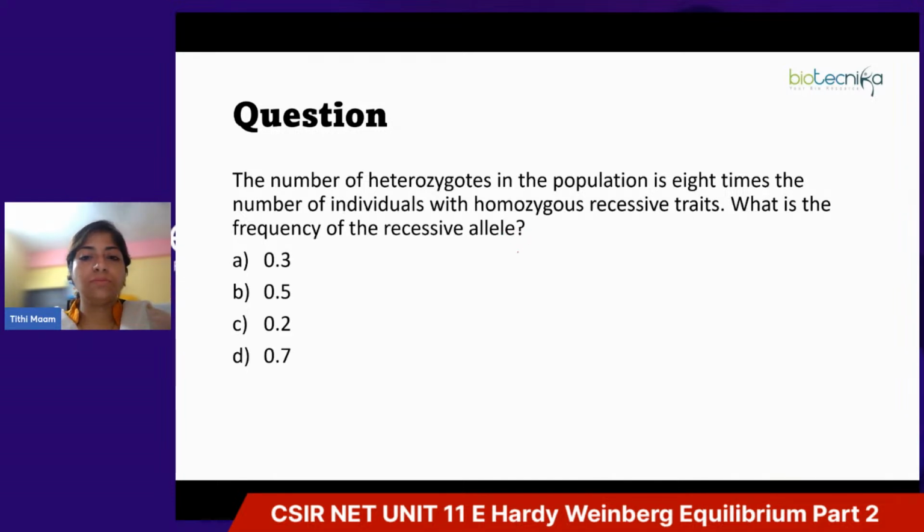Yes, I want you all to try and solve it. Condition is given to you. Number of heterozygotes in the population is 8 times the number of individuals with homozygous recessive trait.